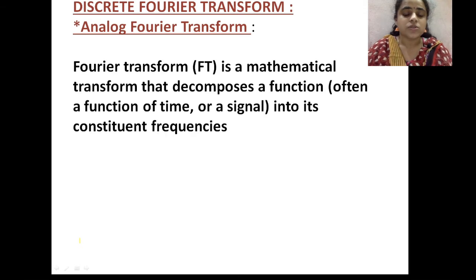Generally, Fourier transform is defined as a mathematical transform that decomposes a function of time into its constituent frequencies. That means we are changing the representation from time domain to frequency domain with the help of mathematics, and that is called Fourier transform.